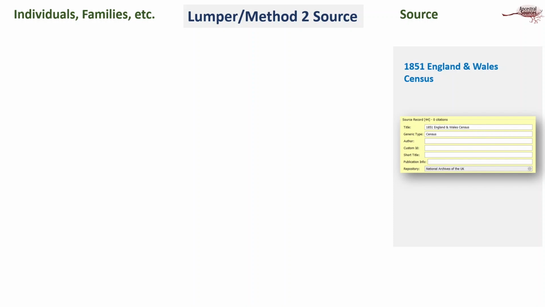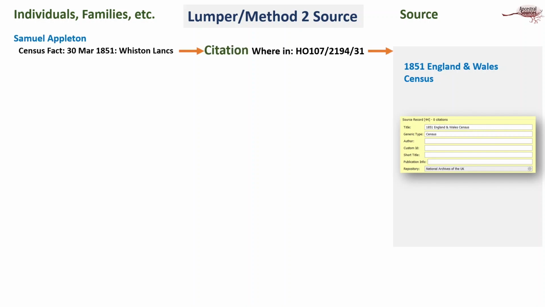So typically somebody who uses the method 2 lumper sources will have not very many source records compared to somebody who uses the splitter method 1 method. So looking at the same households that we looked at before, Samuel Appleton would have a census fact, and he would have a citation linking back to that 1851 England and Wales census.